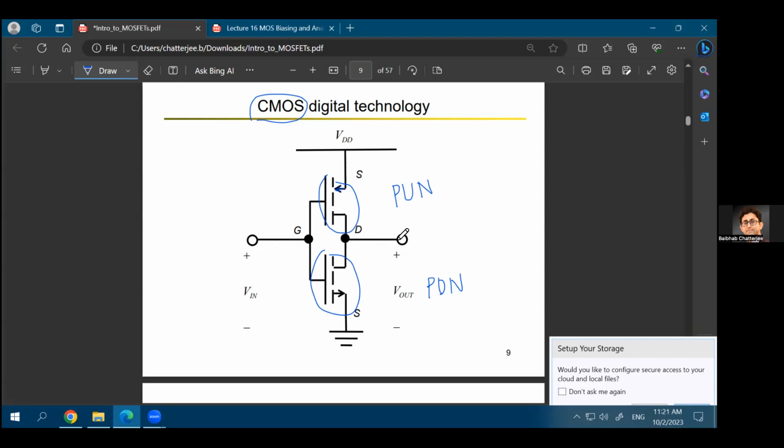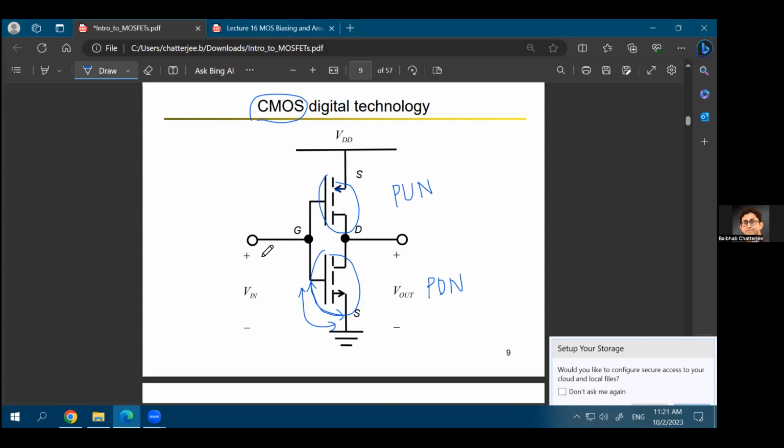And how does it do that? As we already discussed, you need to have a positive gate voltage. In fact, as we discuss more details about MOSFETs, you know that the gate-to-source voltage has to be positive for an N-type device. So if you have an NMOS, the gate-to-source voltage needs to be positive for the current to flow.